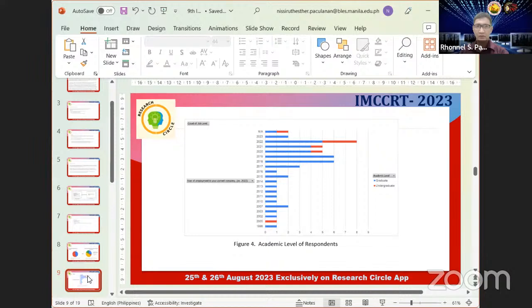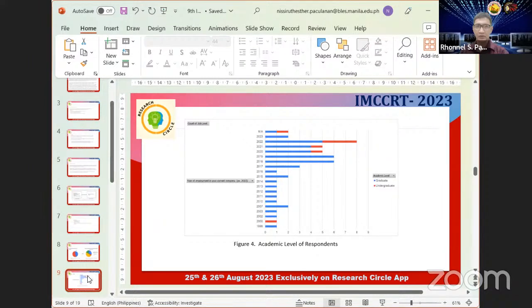Furthermore, the graph gave crucial information regarding each respondent's term of employment, with the longest being 27 years employed since 1996. In contrast, the respondent average length of work is less than a year, employed since 2023.